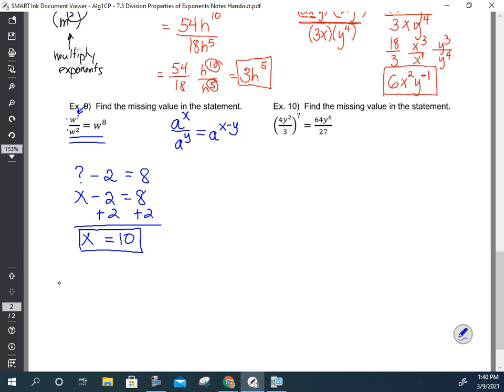So now let's switch it around and do problem 10. Problem 10, same principle applies. This time we're using the other property, which is if you have a fraction raised to the same exponent, you distribute that exponent.